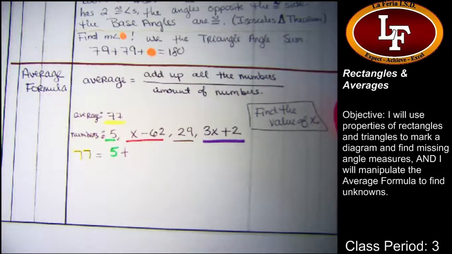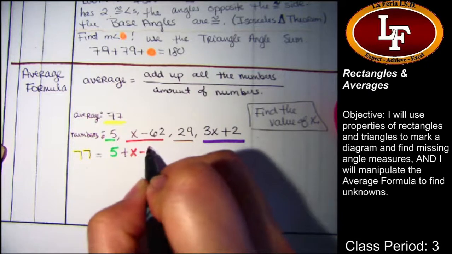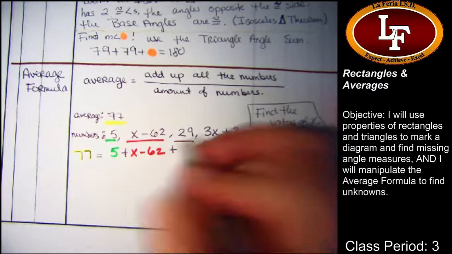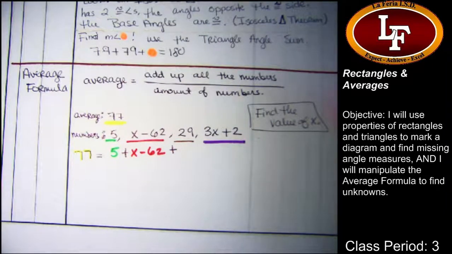You said add up and your brain immediately goes 5 plus this is, and it gets stuck. Stop thinking. Add them up. Just write that you are going to add them all up. You'll deal with the actual adding later, but right now, just write down that we are going to add them all up in a minute.